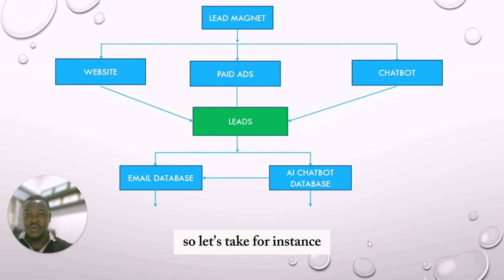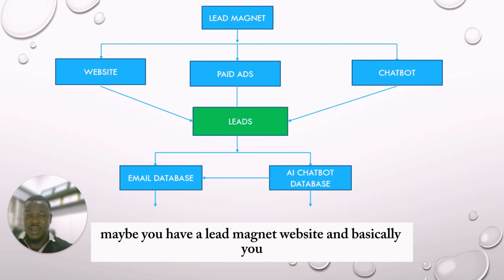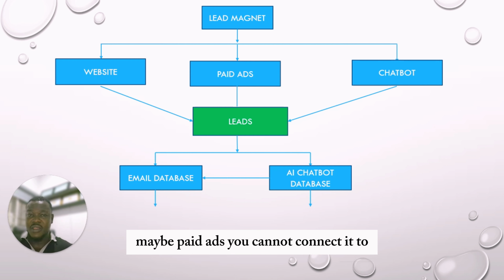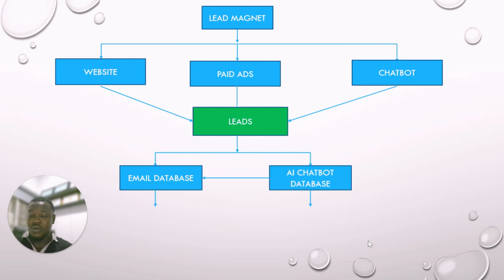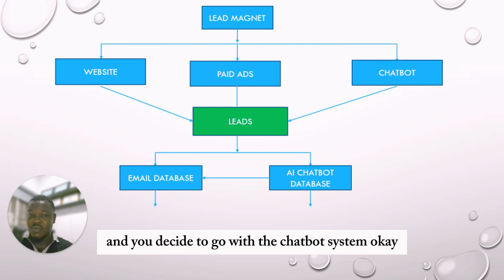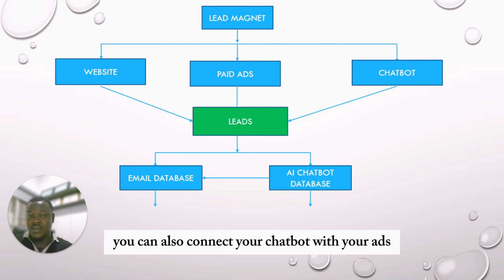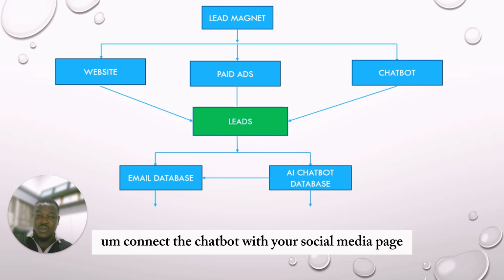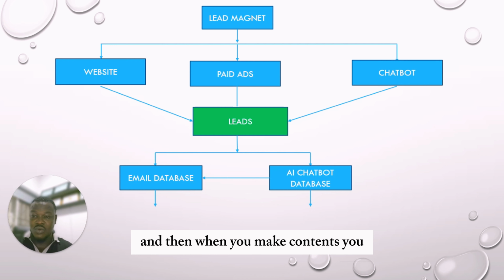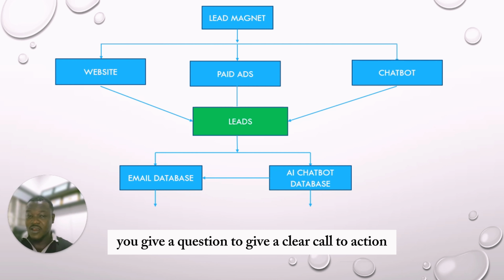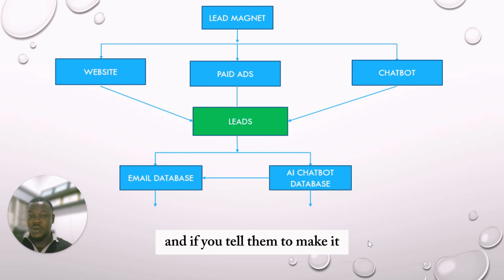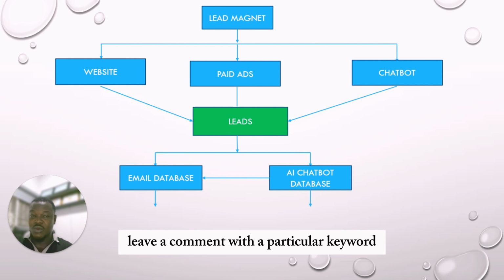Let's take, for instance, that you have your lead magnet and you don't have a website, and you don't know how to run paid ads or lead generation ads, and you decide to go with the chatbot system. With the chatbot system, you can connect your chatbot to your ads, or you connect the chatbot to your social media page, and then when you make content, you give a clear CTA, a clear call to action, and tell them to leave a comment with a particular keyword and all that.